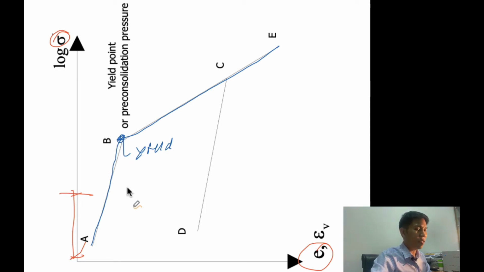When you unload, if the stress is not more than the yield stress, the load will come back along the same line. This one is elastic. When you add the load more than the yield, the stress will increase up to point C, and if we unload it back, here it becomes elastic.